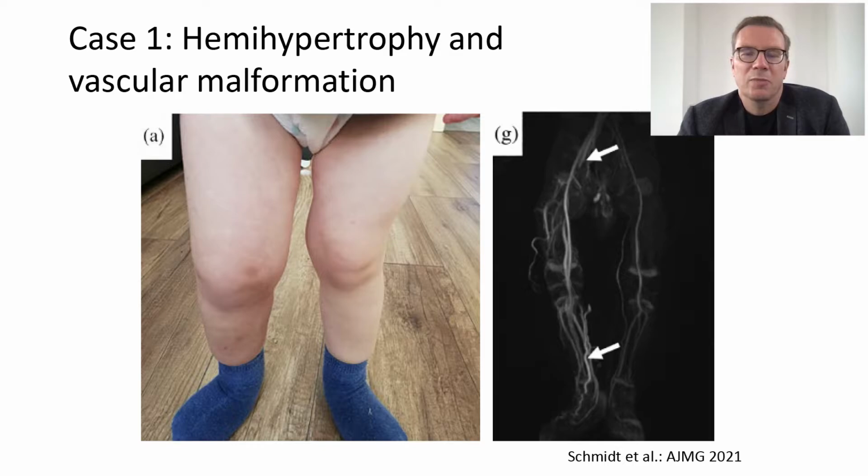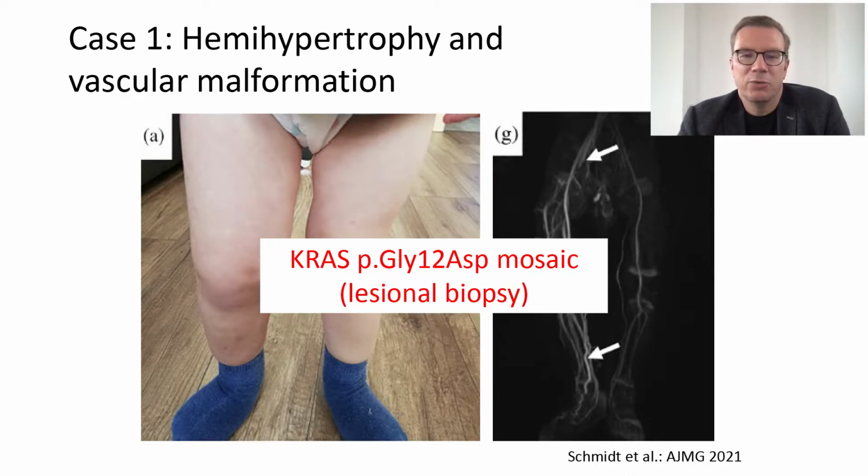In case one, I'm showing here, with hemihypertrophy of the right leg and a complex vascular malformation, we identified a KRAS mosaic mutation in the lesional biopsy.